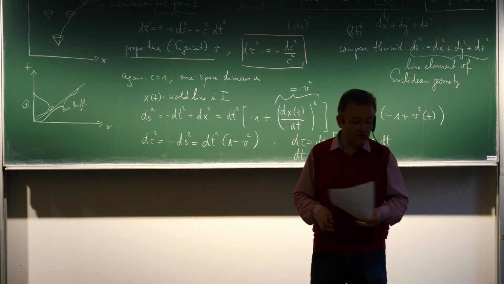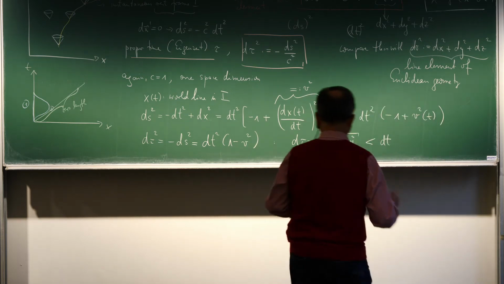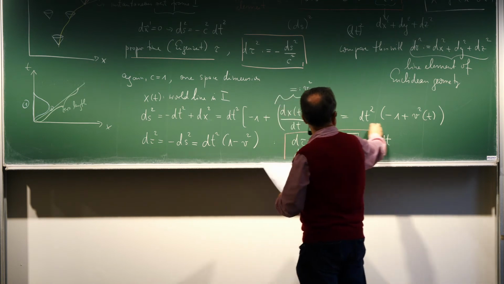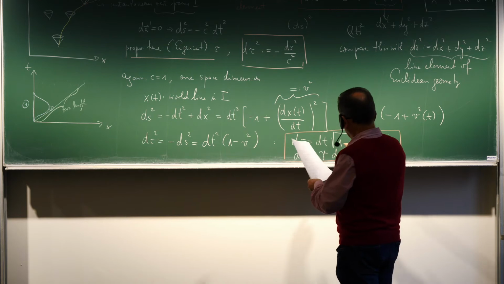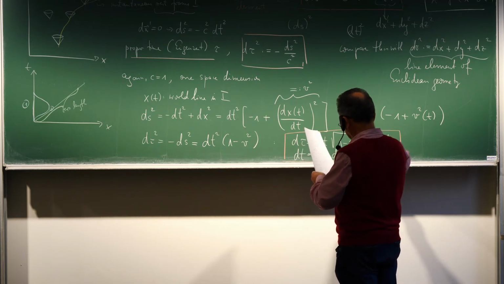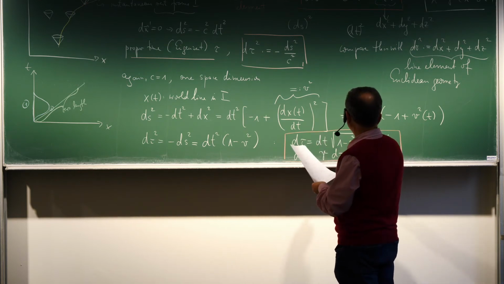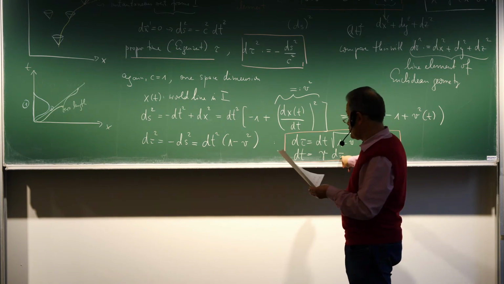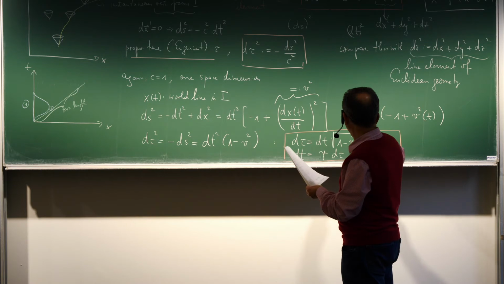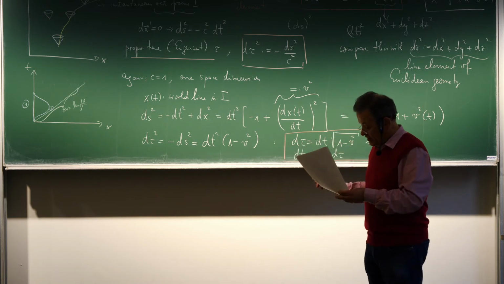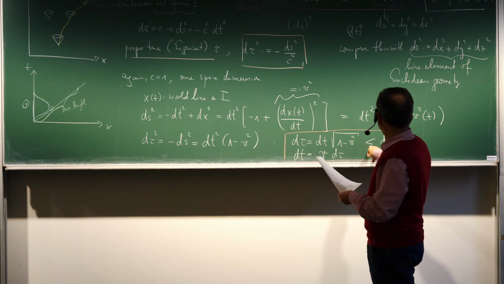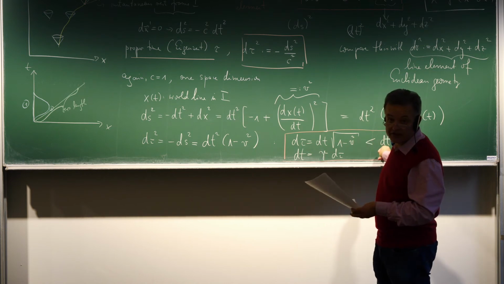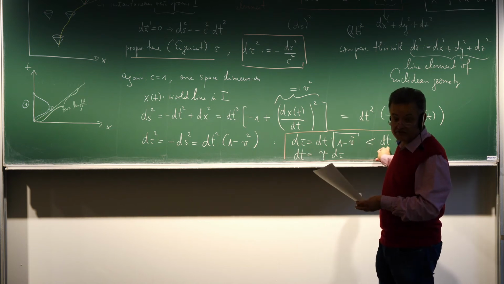Now what do you learn from these expressions? Well, you learn the following. You see that here the d tau is smaller than the dt. So this here, d tau, is what is shown by the co-moving clock, and it shows that the interval on the relatively moving clock is smaller than the interval that you measure in your inertial system.